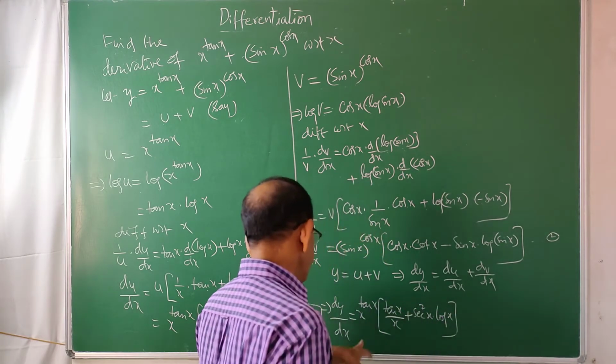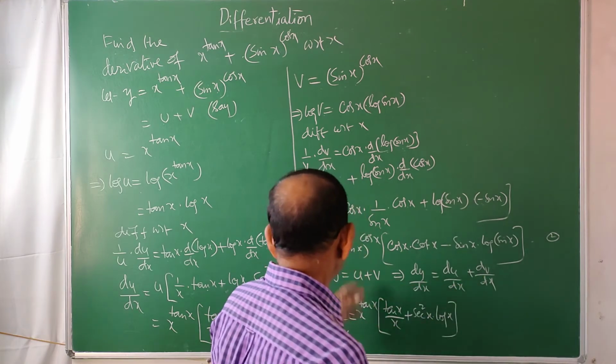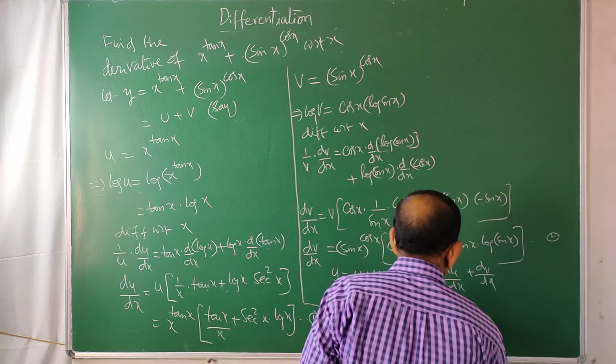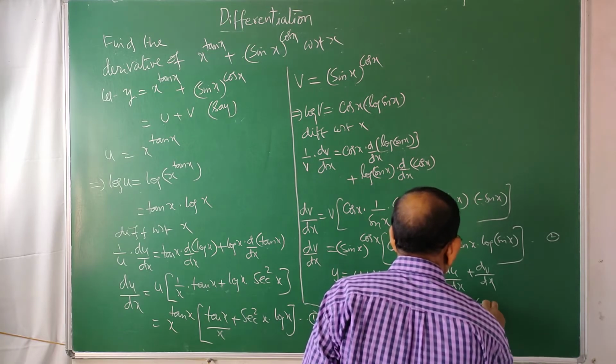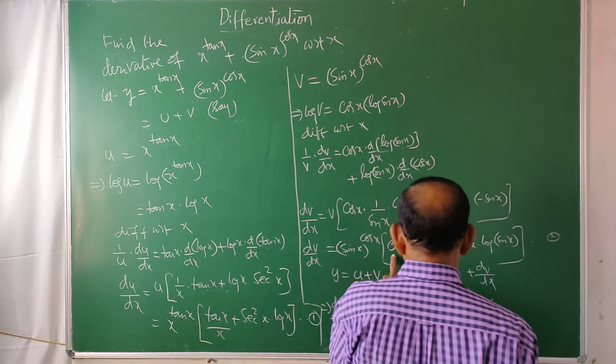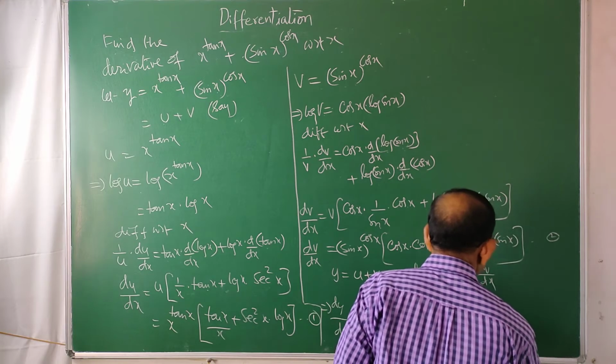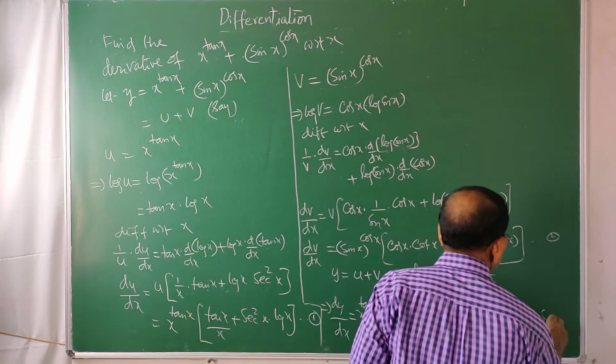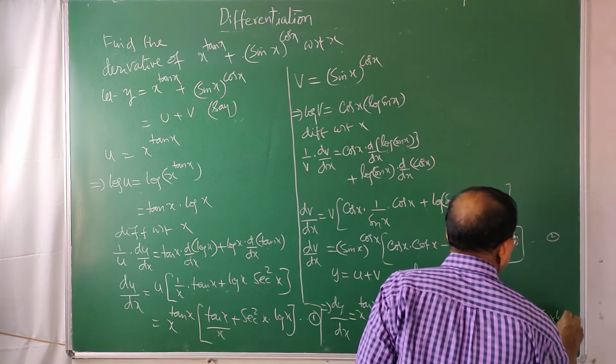This is du by dx. Now dv by dx, this one: sin x power cos x into (cos x cot x minus sin x into log of sin x).